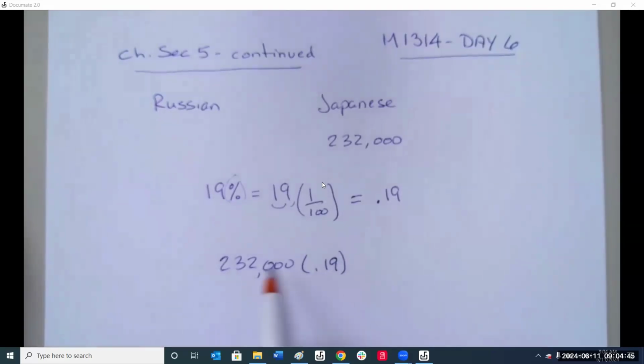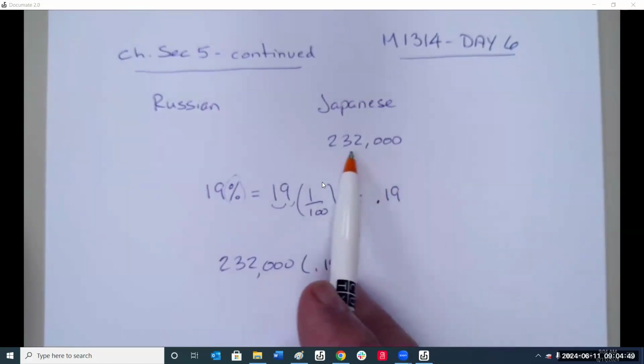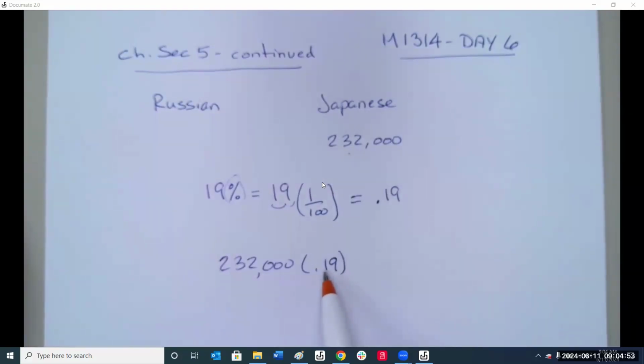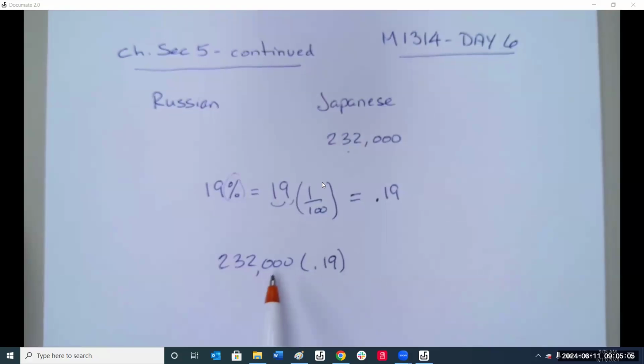Yeah, but this is just 19% of that. So there are 232,000 words in the Japanese language, which, as you said, is 19% more than the words in the Russian language. So 19% times that, what's that going to give us?